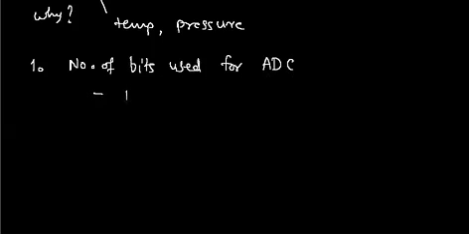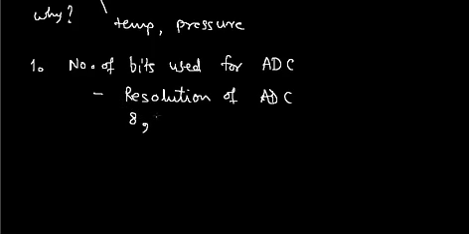This is in fact called the resolution of the ADC. It means some A to D converters may have 8-bit resolution, some may have 16-bit resolution, some may have 24-bit resolution, and so on.